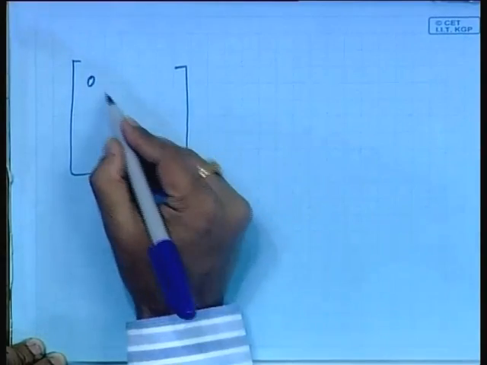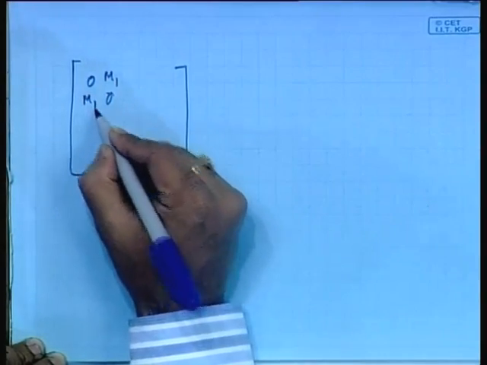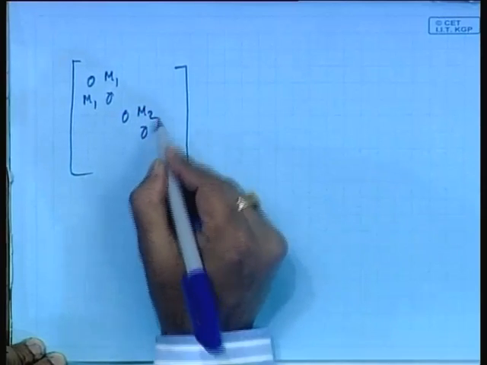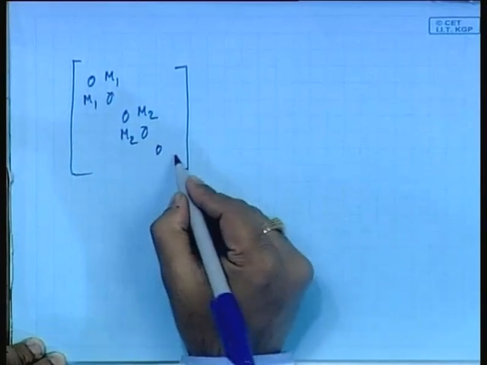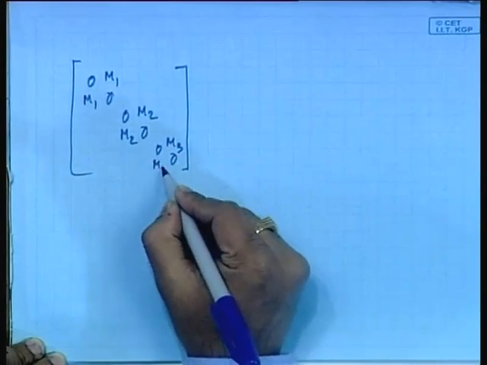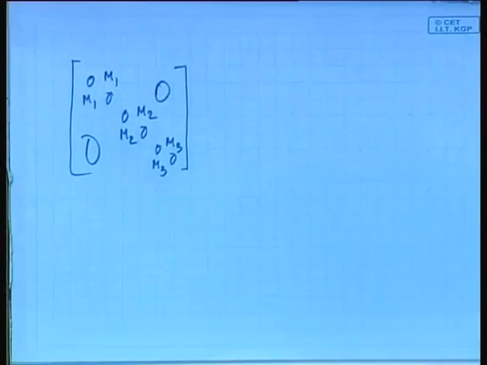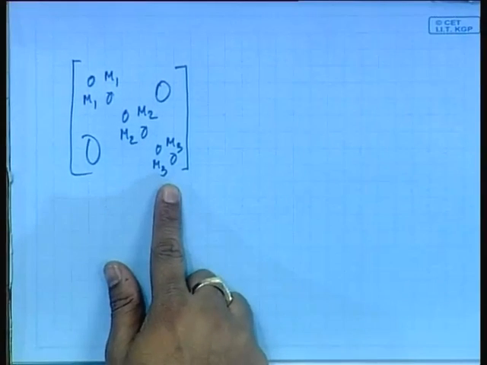Sorry, I made a small mistake. I will draw another one. Think of a coactor matrix like this.